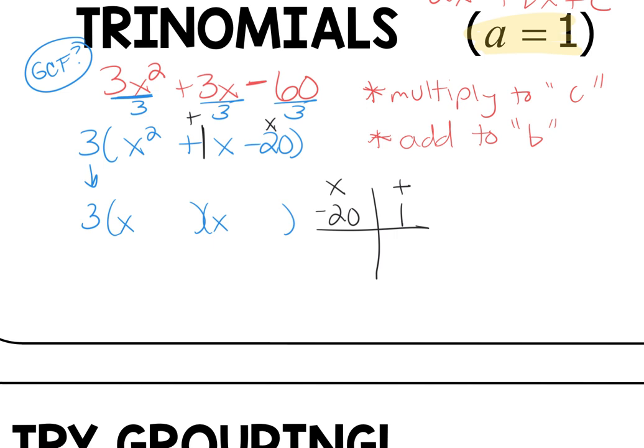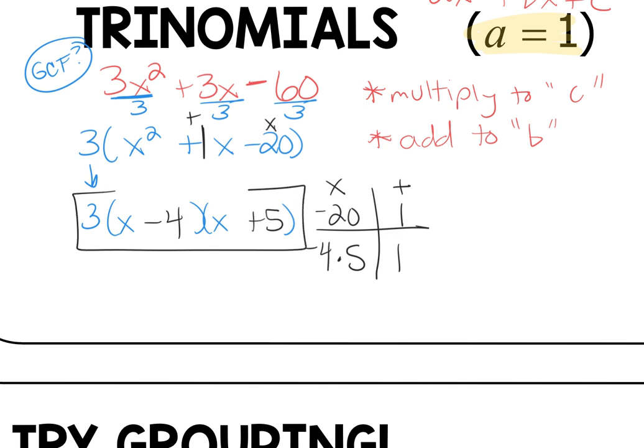You got it? Negative 4 and 5. Yes, good, Jaden. Negative 4 times 5 gets me negative 20. And then if I added negative 4 plus 5, that gets me 1. Negative 4, positive 5. That's the answer.